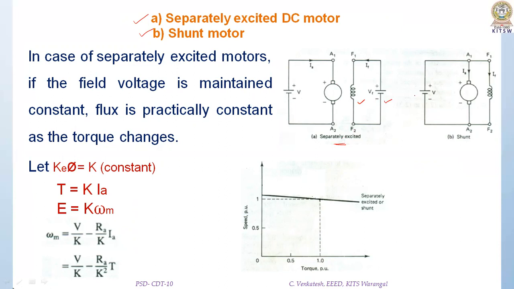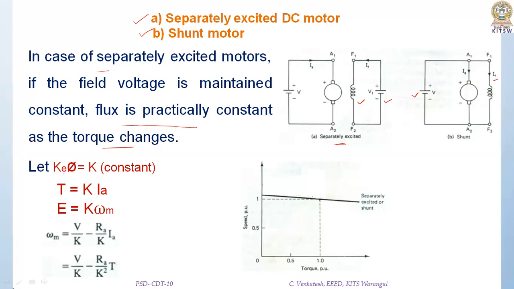In a shunt motor, applied voltage is normally constant and hence the field current IF is constant, so flux is constant. So in separately excited or shunt motors, the field voltage or supply voltage is maintained constant and hence flux is practically constant as the torque changes. Even though the torque changes, flux remains constant.